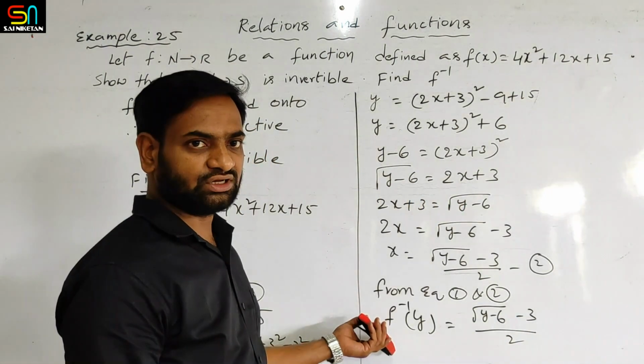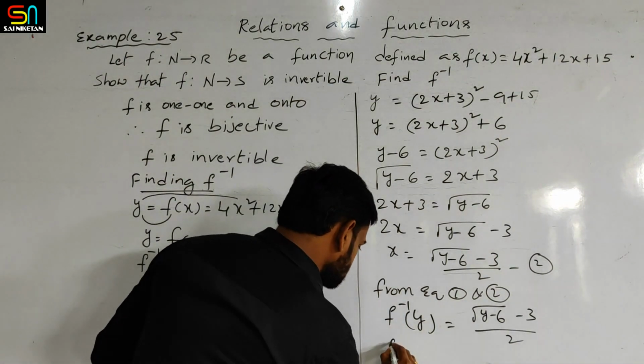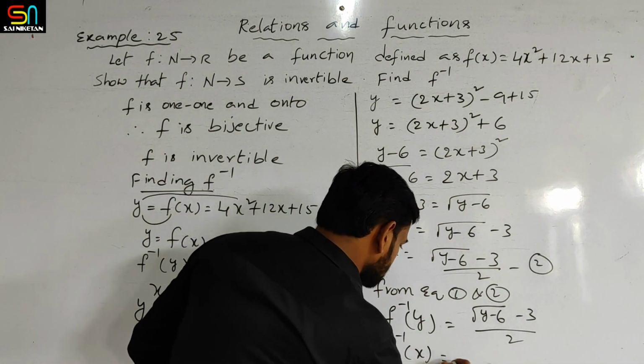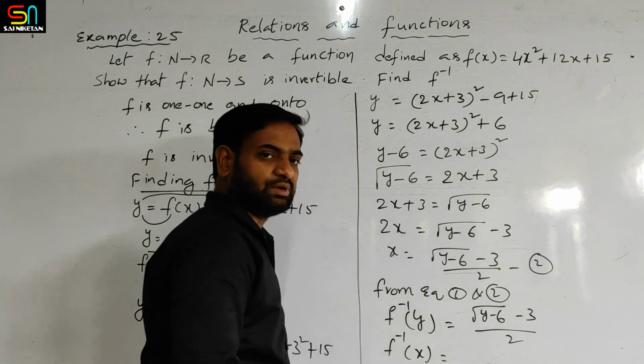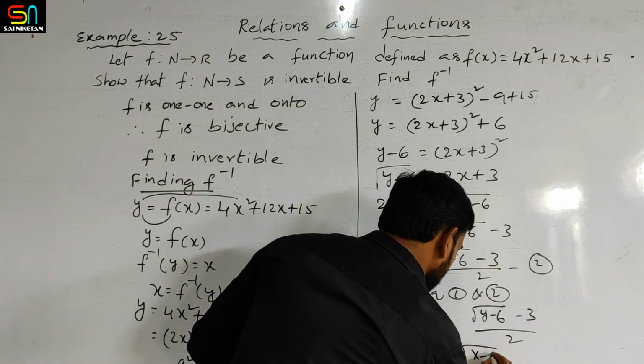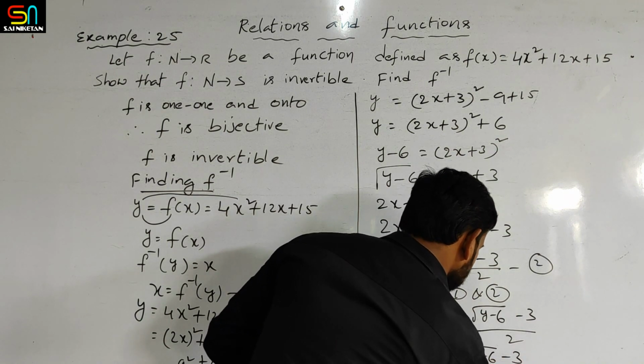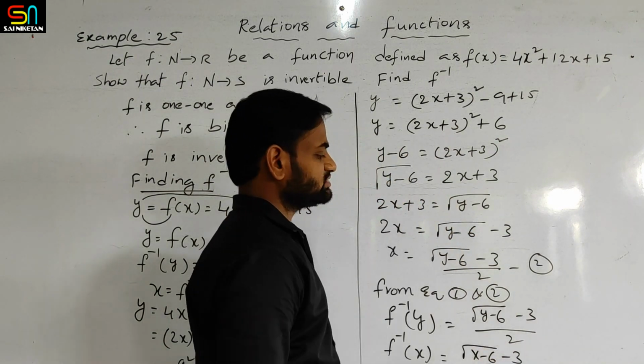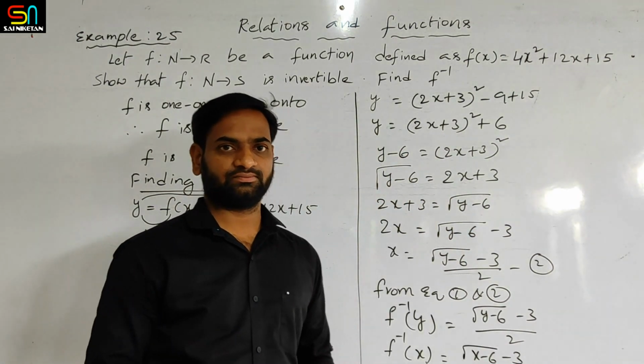If you want, you can convert into x terms also. It is f inverse of x is equal to, just write x in place of y, that is (root of x minus 6 minus 3) by 2, which is f inverse.